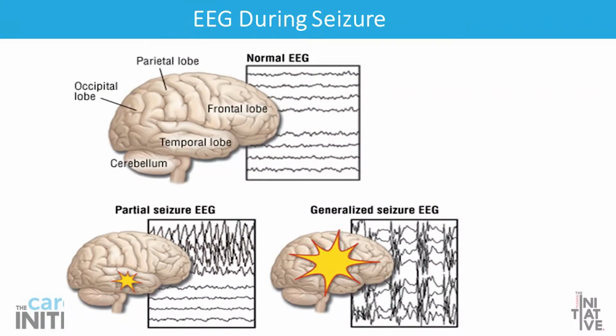When you look at the EEG results of people whilst experiencing a seizure, you can see a marked difference between the brainwave patterns of those experiencing focal and generalised onset seizures compared to someone who isn't experiencing a seizure. As you can see on the picture on your screen now, the normal EEG reading shows the small fluctuations in brain activity that happen in all of us every day.